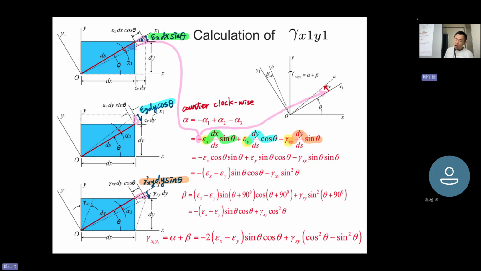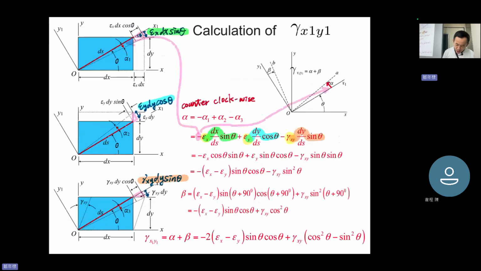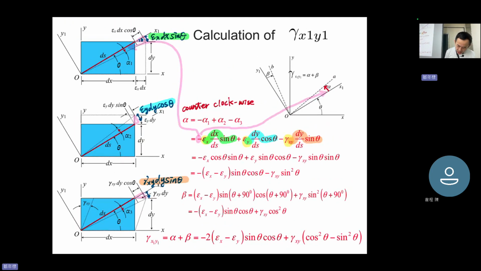Now you see, wow, this is so complicated. We have alpha, and then we are going to determine beta. Wow, too difficult. But it's okay. We have a trick. Don't worry about this. We have a trick.